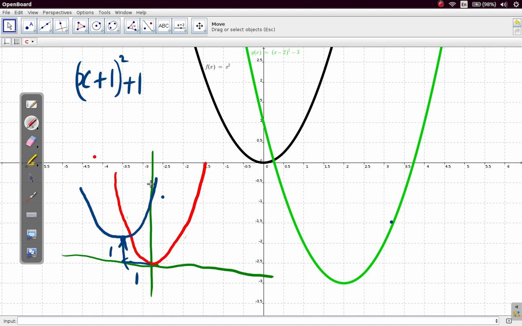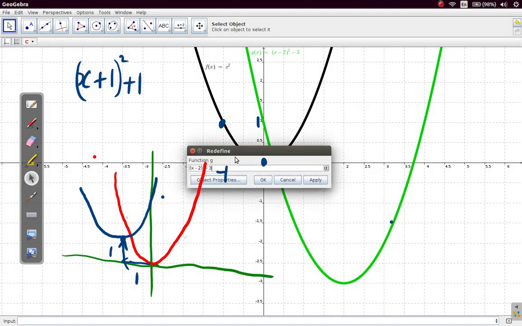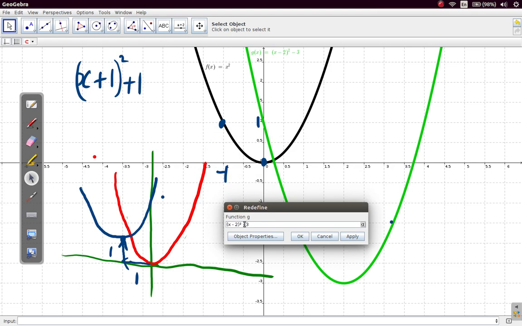Now looking at this graph, this is negative 1 and this is 1, so I expect this tip right here to come here on the new graph. It's the green graph that we're going to be shifting. This green graph is written as (x minus 2) squared minus 3. Let's write it as (x plus 1) all squared plus 1.